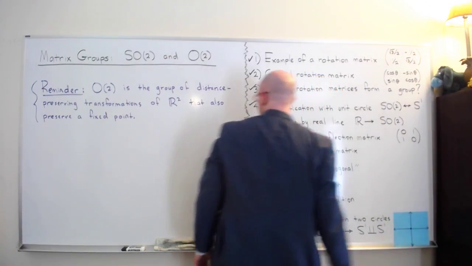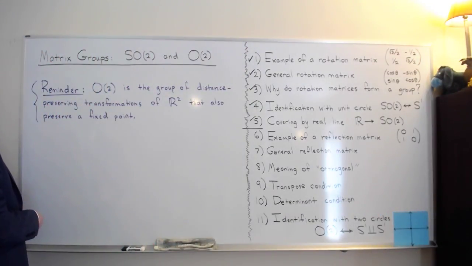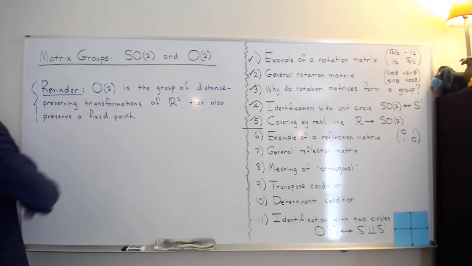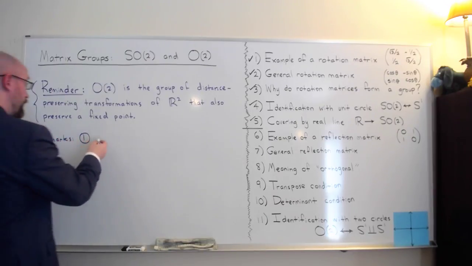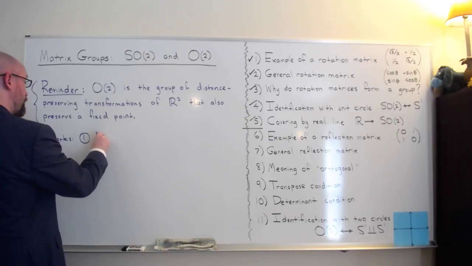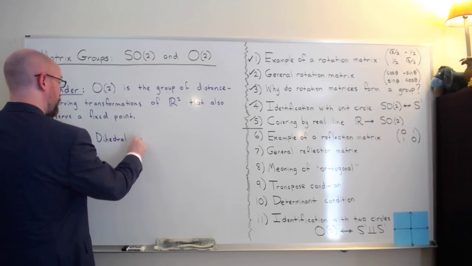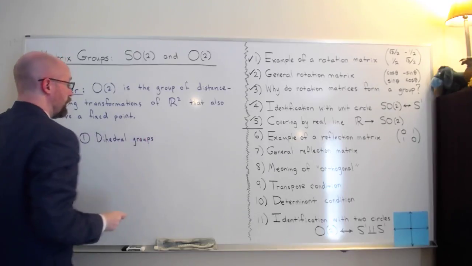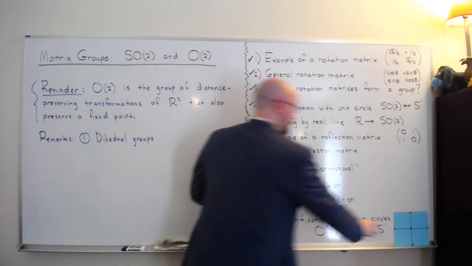Now, before I get into the details, I'll make a couple of remarks, and this is maybe tying up some details that we didn't really talk about before. So one is that we talked about dihedral groups, and in particular, we talked about the dihedral group of the square, D8.